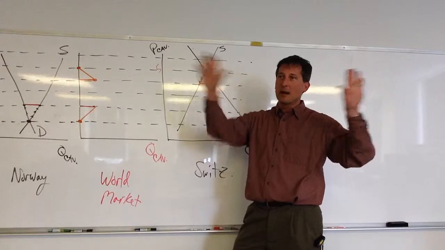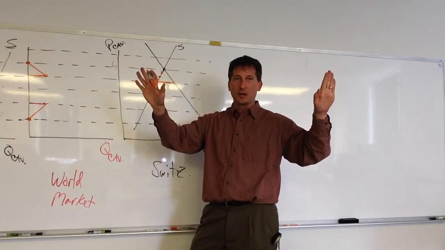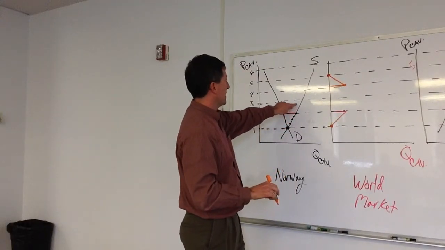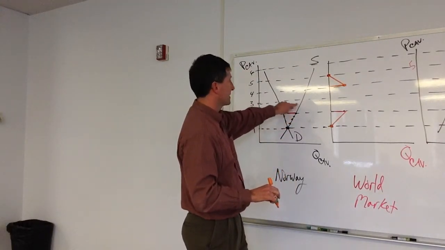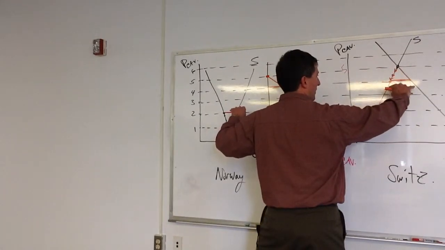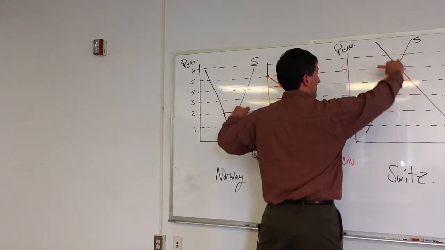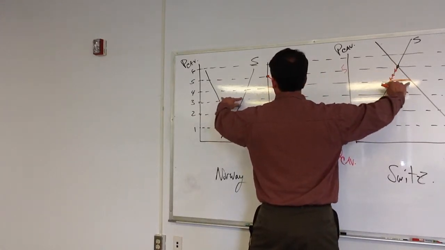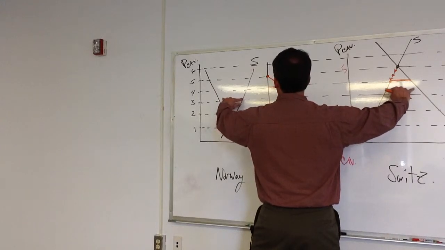So exports must equal imports on the world market, which means that these two horizontal distances got to be equal. As you go up with your left eyeball, that horizontal distance starts to grow. As you go down with your right eyeball, that horizontal distance starts to grow, and find out where they're equal. All of us should come up with different answers on where that happens.